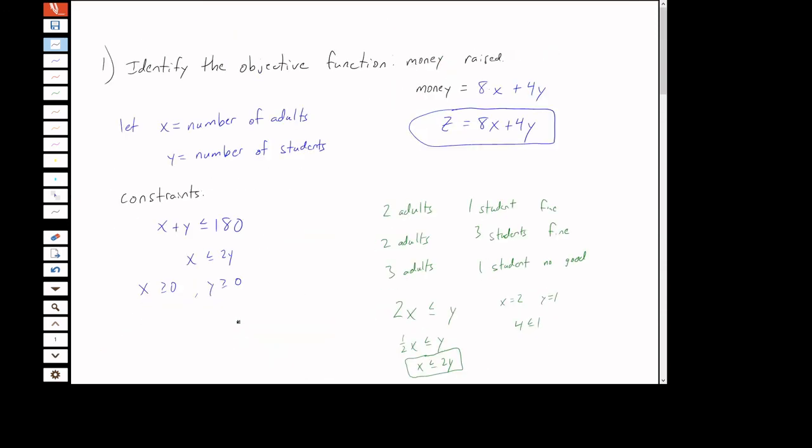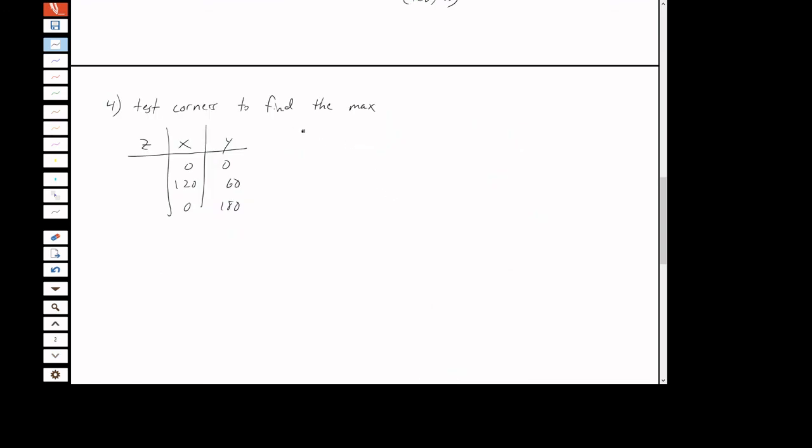And our objective function was 8x plus 4y. Okay, if I plug 0 in for both x and y, 0 plus 0 gives me 0. So that's not going to be a maximum. Then we have 120 times 8 plus 4 times 60, and that gives us 1,200. And then 8 times 0 plus 180 times 4 gives us 720.